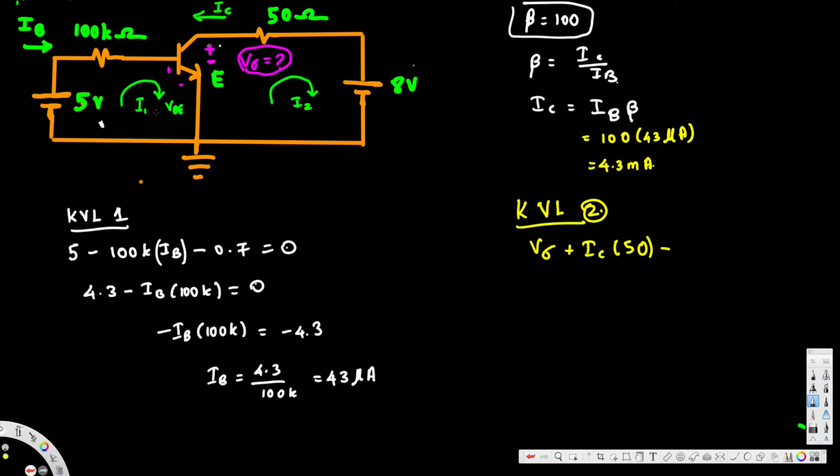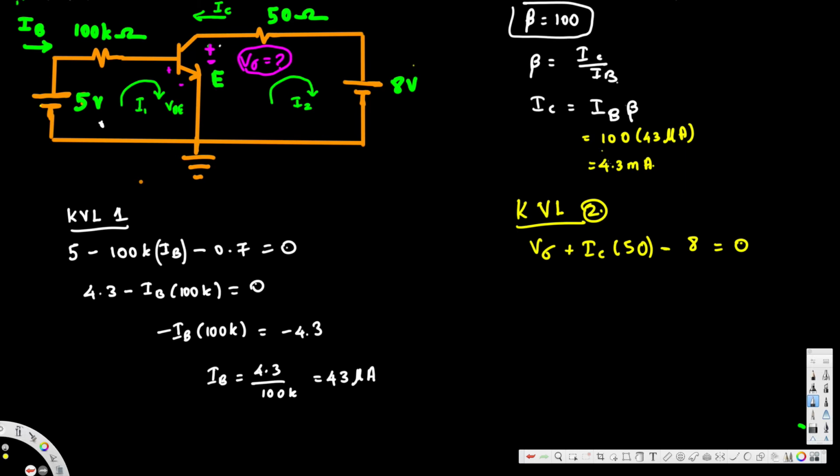You have to look at the current's direction. Previously, the current's direction was from negative to positive, that's why we put plus 5. Here it's positive to negative, that's why we put a minus 8. That is equal to 0.